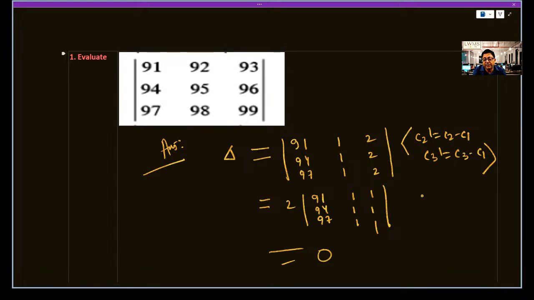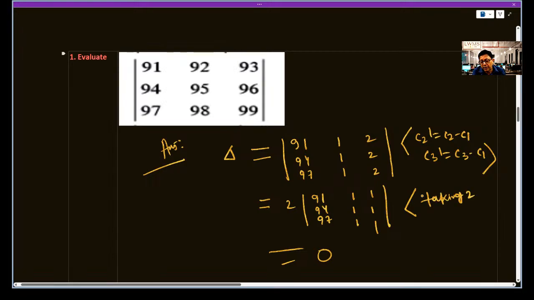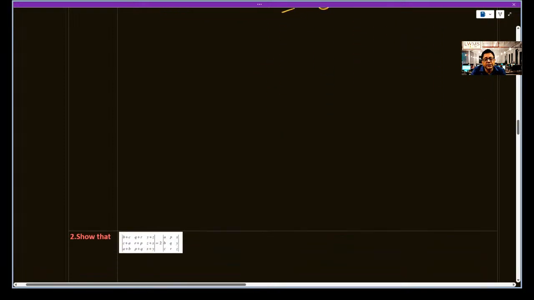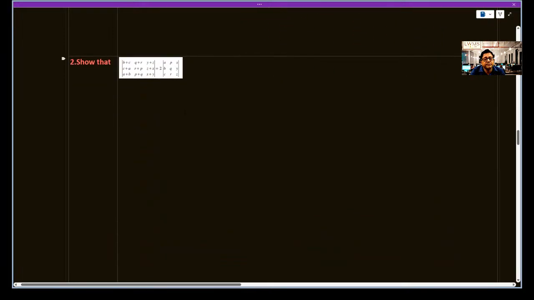Now, then we have taking 2 as common from the third column. Okay. Let us go for the second problem.